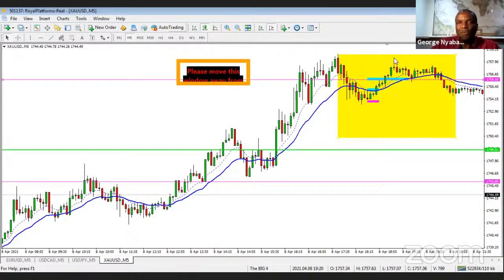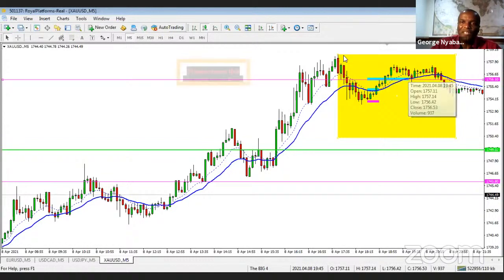So what I was looking for is a test up to here, okay, and if possible a breakout, or if it was a reversal up here, I would have taken it out. But yes, I had some profits which I let go, and the market turned back. And when it started to come in this direction, I was thinking lower high, so I closed my trade there.